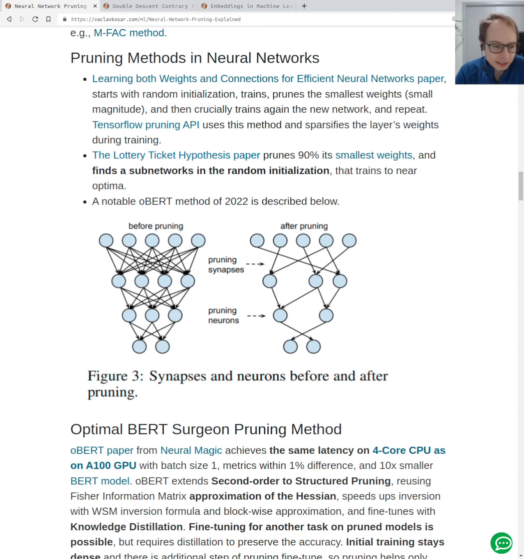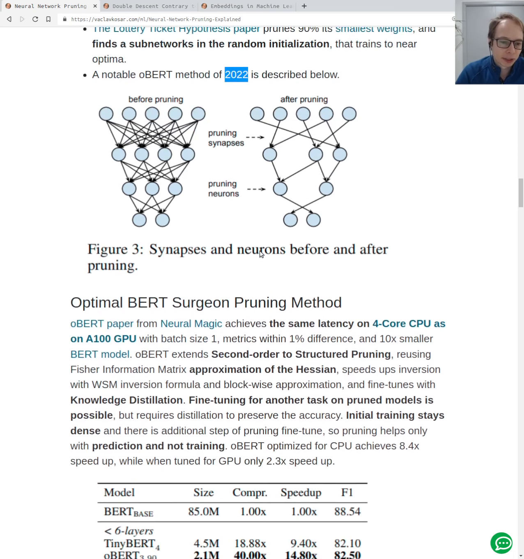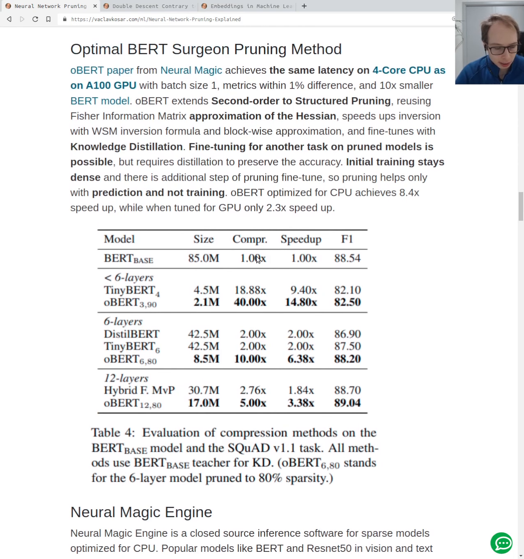And there is this Optimal BERT paper in 2022 that is described below, which has this special approximation, that special pruning, which can be used for higher performance on commodity CPUs, which can save costs in cloud and computation, or can be used on small weak devices on edge, for example.